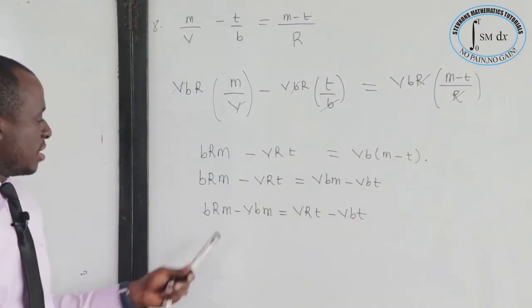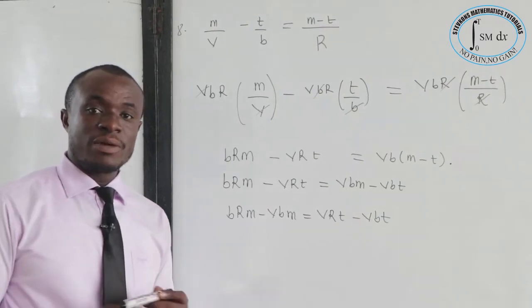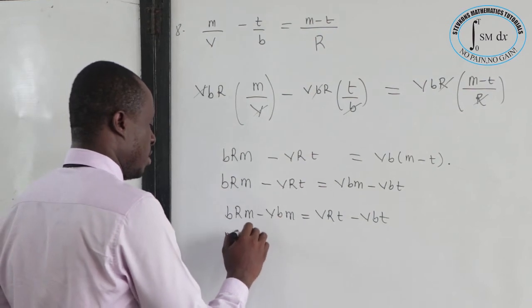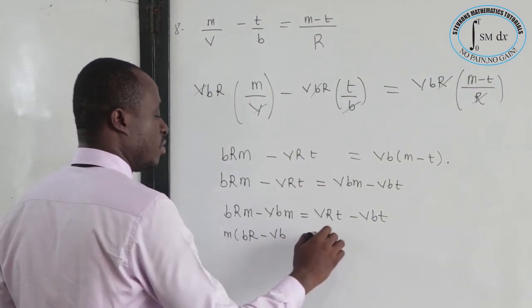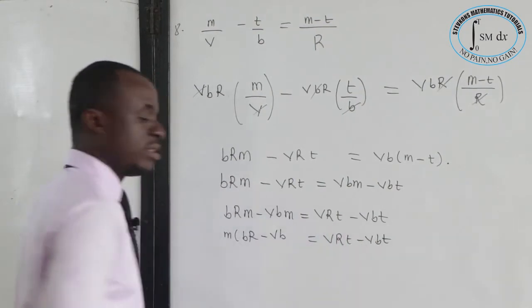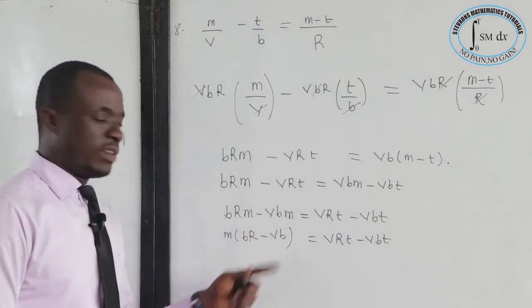There's m here, there's m here. It's a common factor, so we can factorize the m out. So you have m(br minus vb) equal to vrt minus vbt. Now, what is multiplying the m? br minus vb.